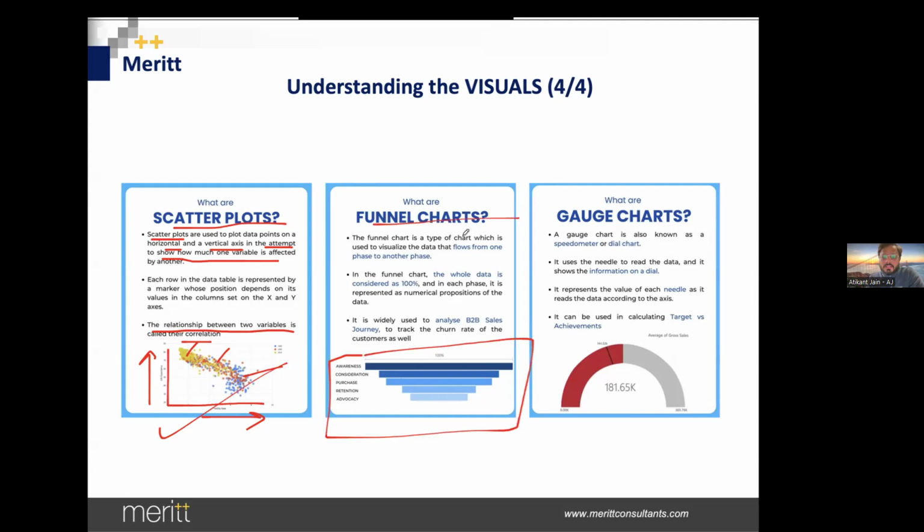A funnel chart is a type of chart used to visualize data that flows from one phase to another. It is mostly used in B2B SaaS sales. If you want to see how many leads were generated through the website, and out of them how many got converted, that kind of stage-to-stage funnel, you can use this kind of chart. And the gauge chart is known as a speedometer. It can be a dial chart, for example in sales.